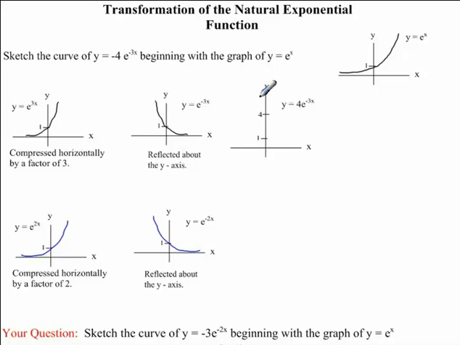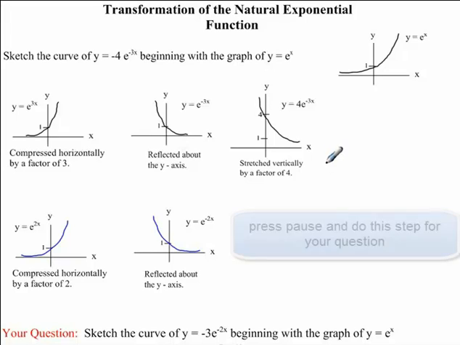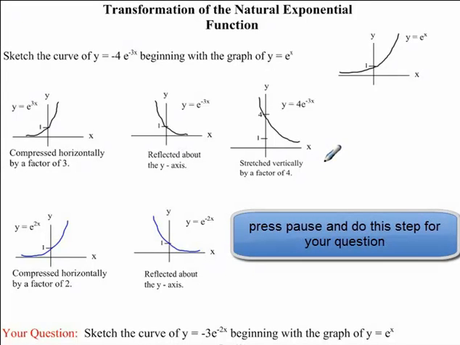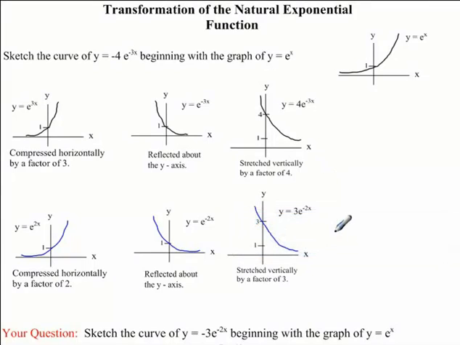So we'll start here. And now we're going to pass through our new y-intercept. And we're going to move down. So again, this was stretched vertically by a factor of 4. I would now like you to apply this transformation to the question you are given. Here's how your graph should look.